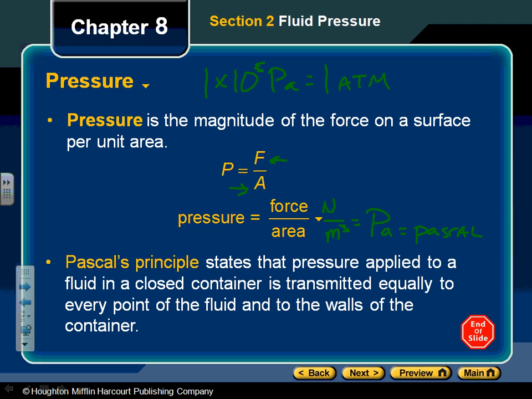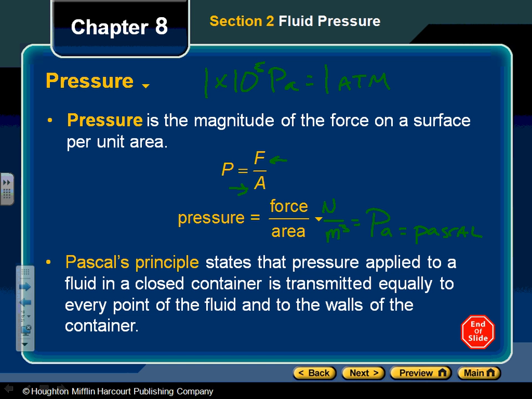That's a good thing to remember. An atmosphere is measured at sea level. So if you were standing on the beach at the ocean, that's the amount of air pressure that you feel. So that's 1 times 10 to the 5th pascals. So a Pascal is actually a pretty small unit of pressure.